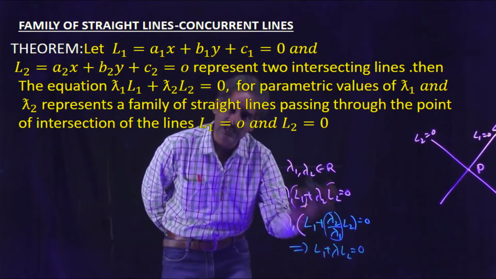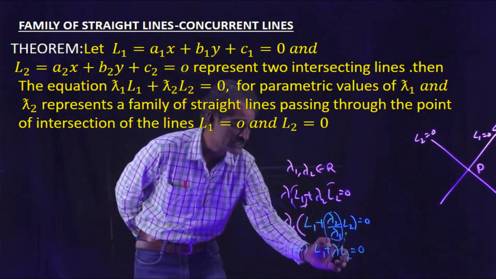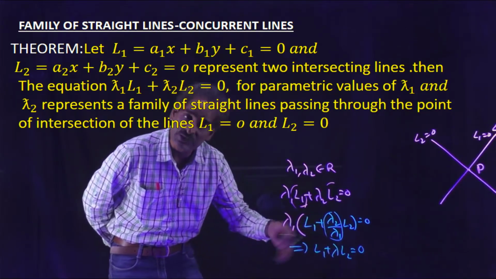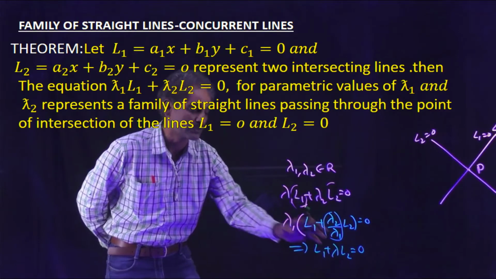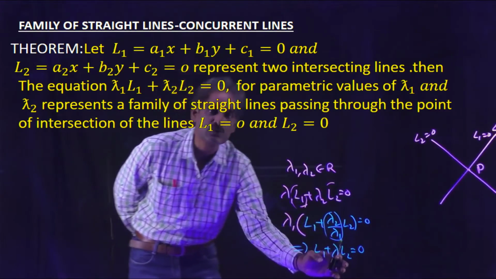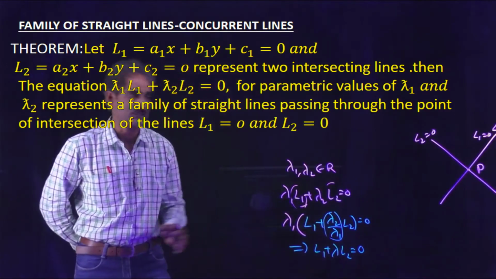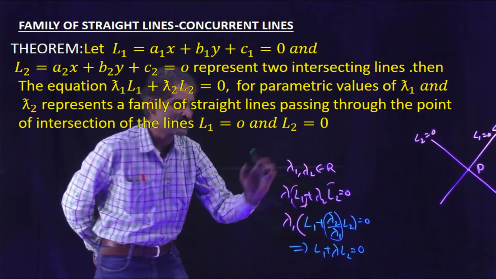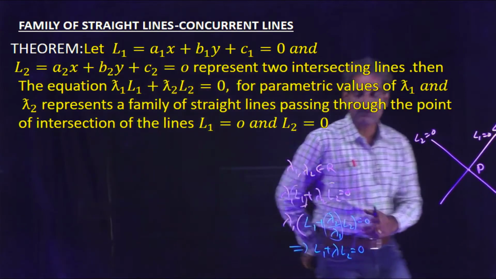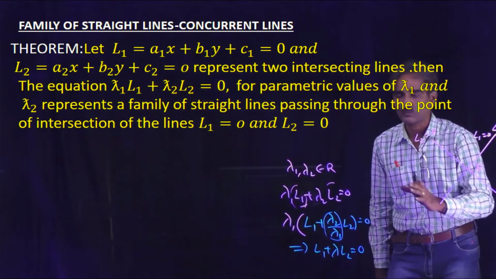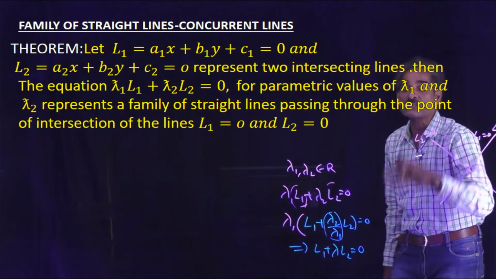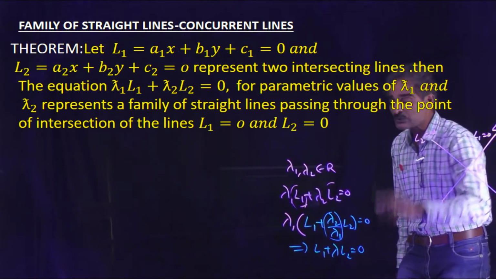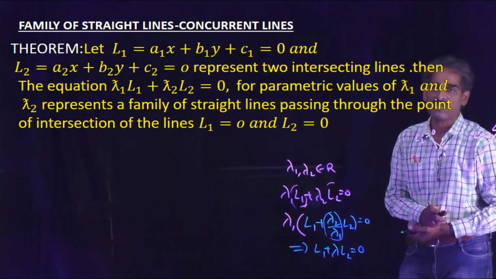This also represents a line passing through the intersection point of L1 and L2. If you change lambda values, we get infinite number of lines, all passing through the intersection point of L1 and L2. Both represent the same system of lines: lambda 1 L1 plus lambda 2 L2 equal to 0, or L1 plus lambda L2 equal to 0. You can use either one depending on the given conditions.